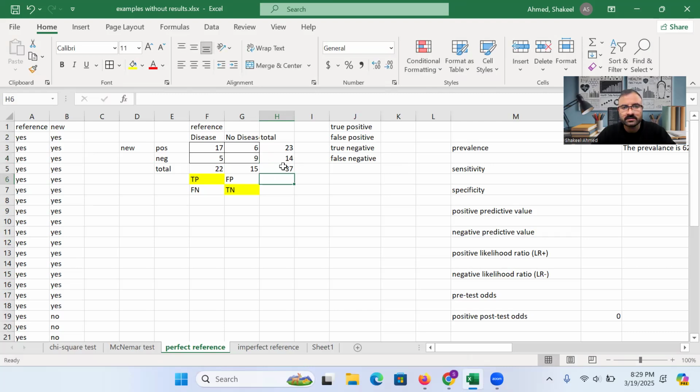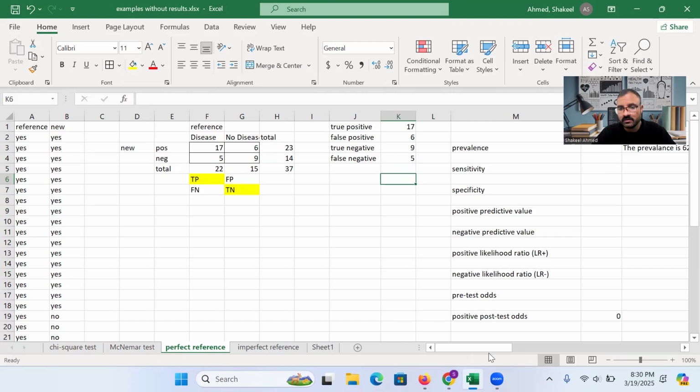So again it sums to 37. You can just write the true positive 17, false positive 6, true negative 9, and false negative 5.